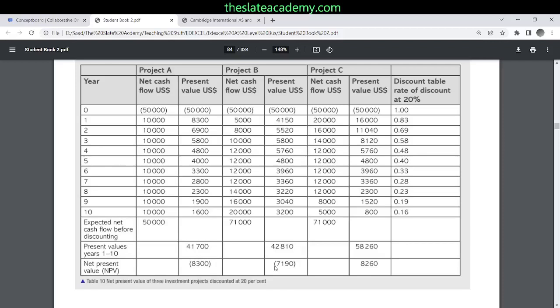And the thing about this book that irritates me is, when they say net cash flow or present value, it means it should be the sum of all. But here at least they have mentioned present values for year 1 to 10, which means they haven't included year 0. Do it for project B and C and let me know if it makes sense to you, then we'll move forward.